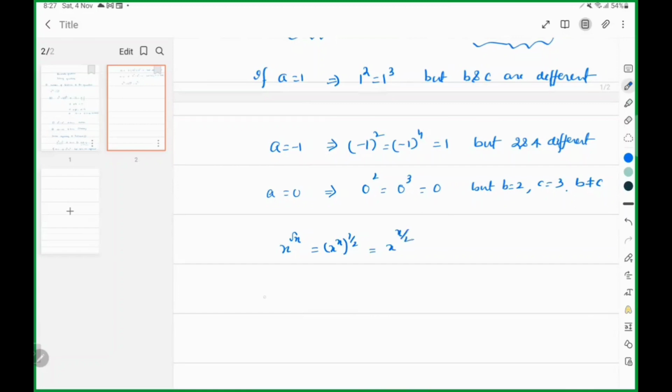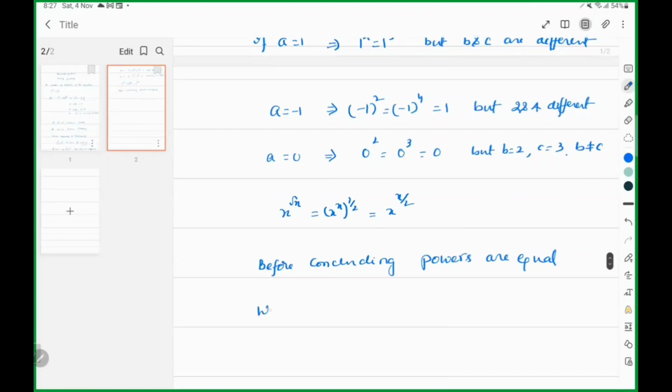So before concluding the powers are equal, we should assume that the base x is not equal to -1, 0, 1.